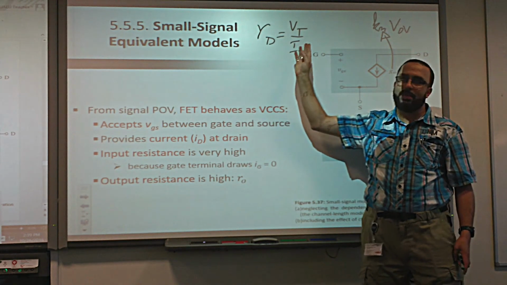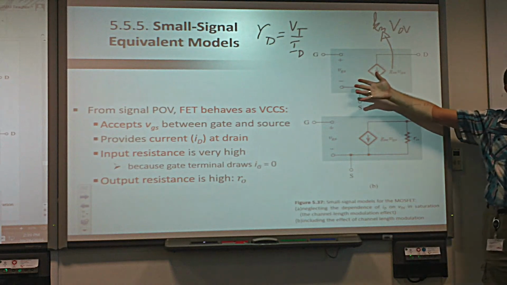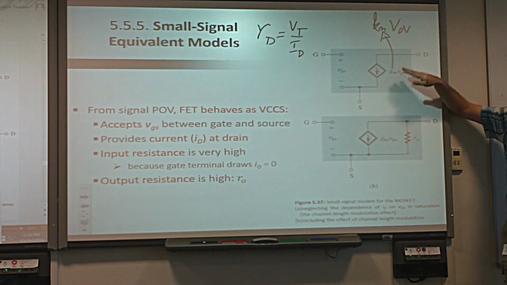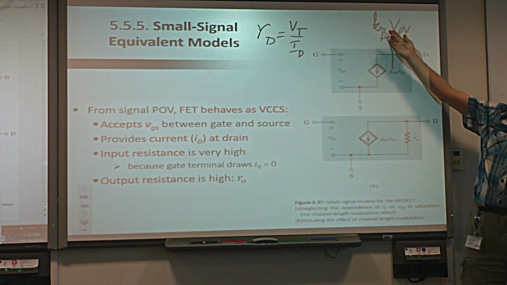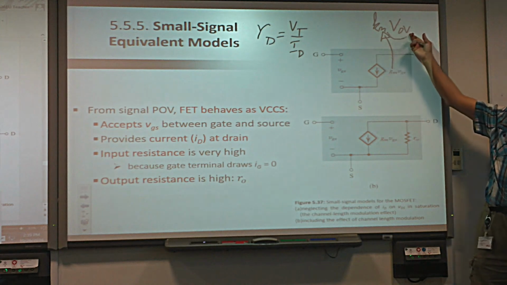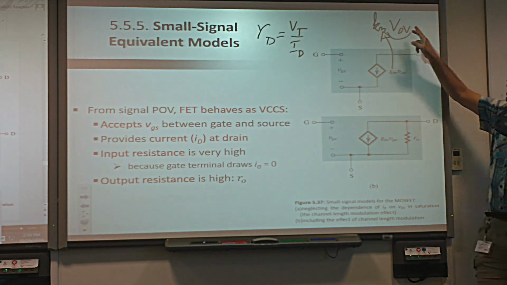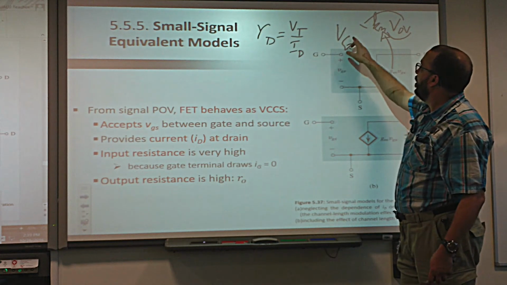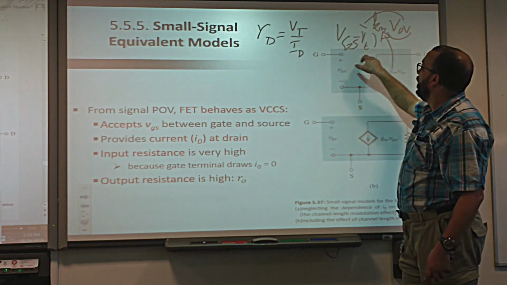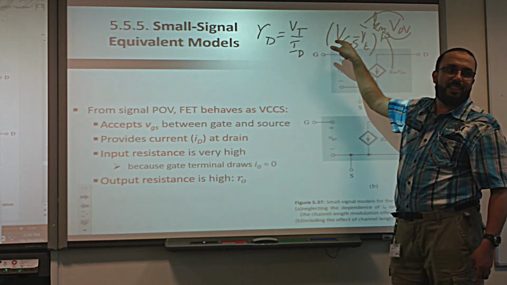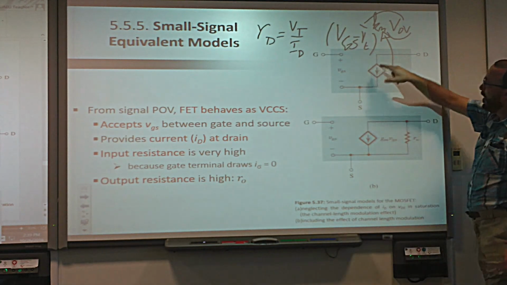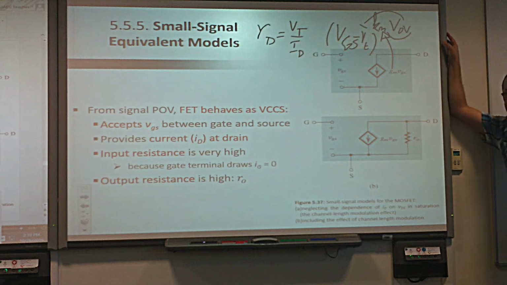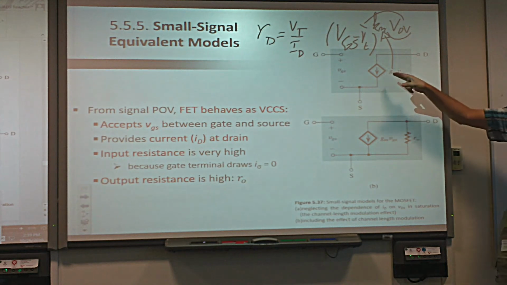Same thing in here: we replace our transistor with a parameter gm that has the DC value, where the DC value is in the overdrive. Because V overdrive is equal to VGS minus VT. This is DC. It's not AC. That's why the DC is embedded in the value of gm.